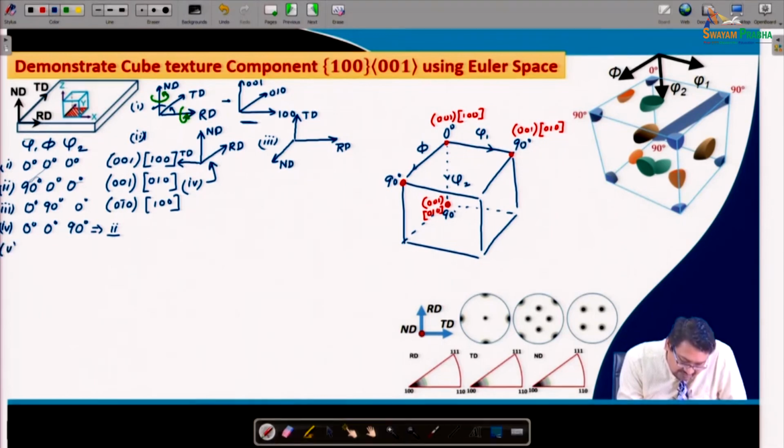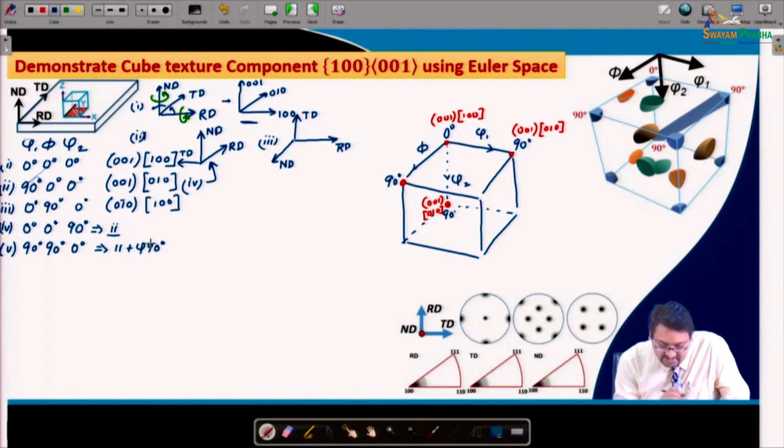And like that, if we look into the fifth one, where we are rotating by 90 degree, and then we are rotating again by 90 degree along phi and then by 0 degree. That means, we are taking the 2 and we are rotating by phi equal to 90 degrees, right, which is given along RD.